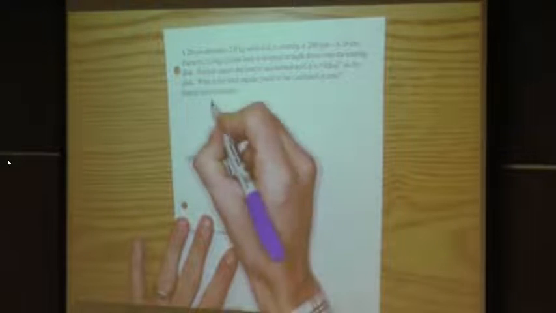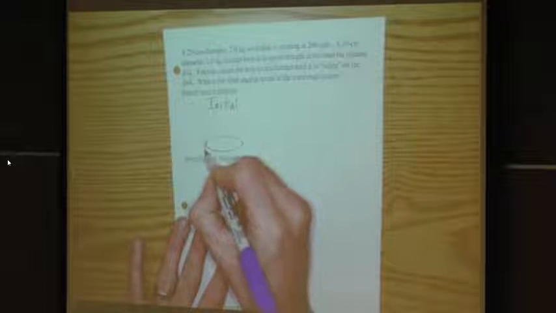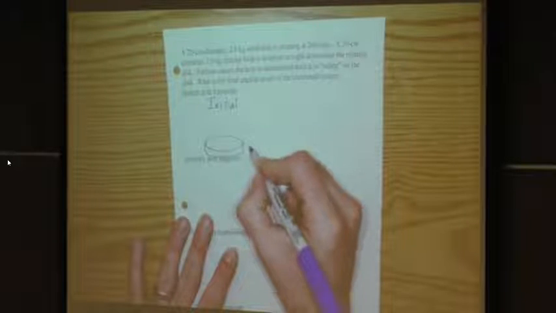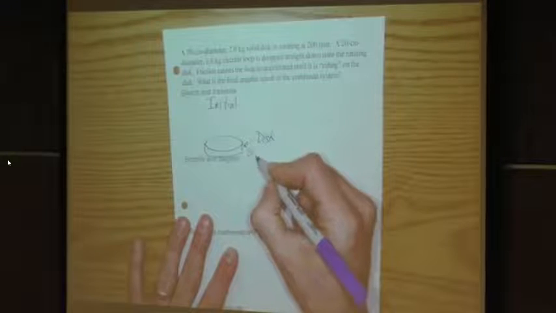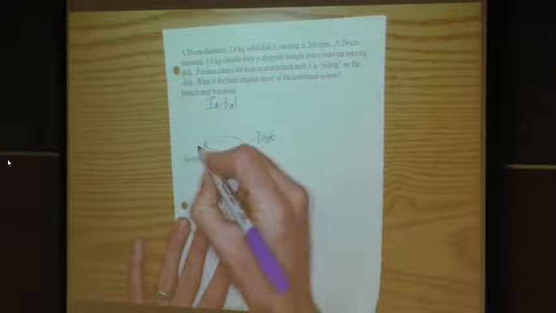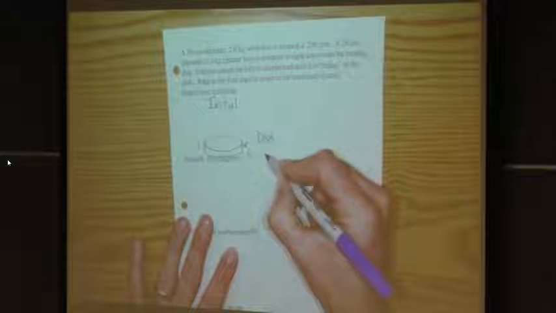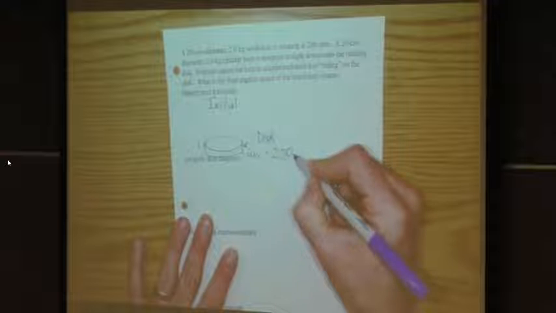So let's draw it, initial. I'm going to draw it down here. Here's the disc, I'll label it as the disc. And its initial angular speed, I'm going to call it object 1 because there's going to be an object 2, is equal to 200 RPM, revolutions per minute.